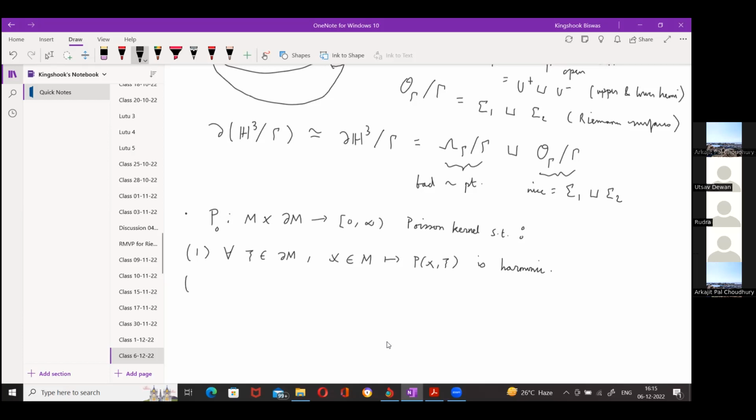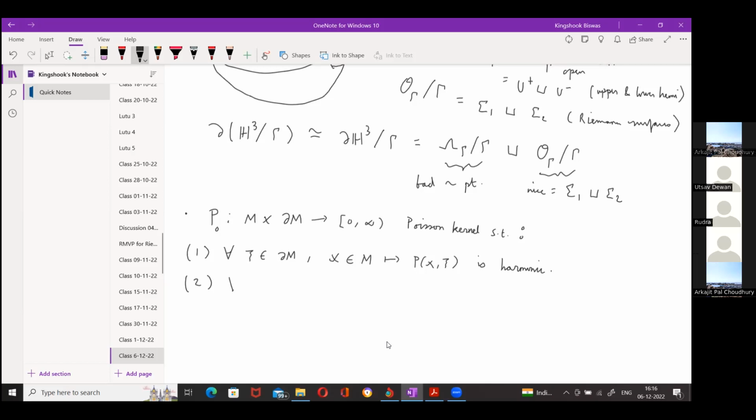And two, we have the Poisson formula in the following sense. So we know the Poisson formula for continuous functions, right? So in fact, we have a Poisson formula for bounded harmonic functions. That's what Anderson and Schoen prove also.